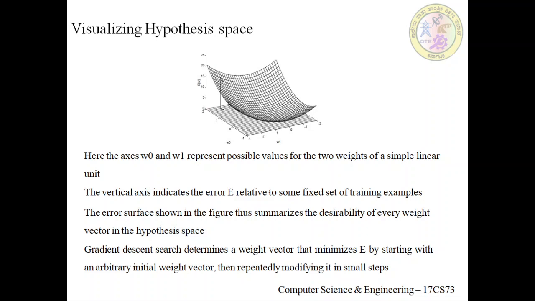The gradient descent search determines a weight vector that minimizes E, starting with an arbitrary initial weight vector and then repeatedly modifying it in small steps. At each step the weight vector is altered in the direction that produces the steepest descent along the error surface. This process continues until the global minimum error is reached.